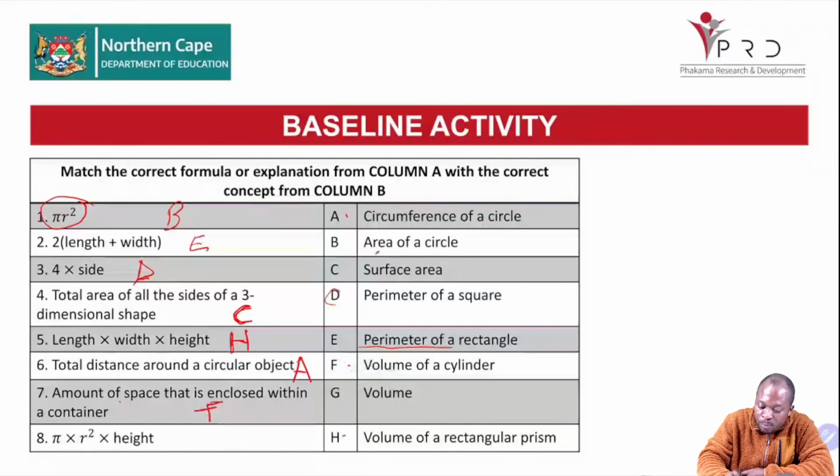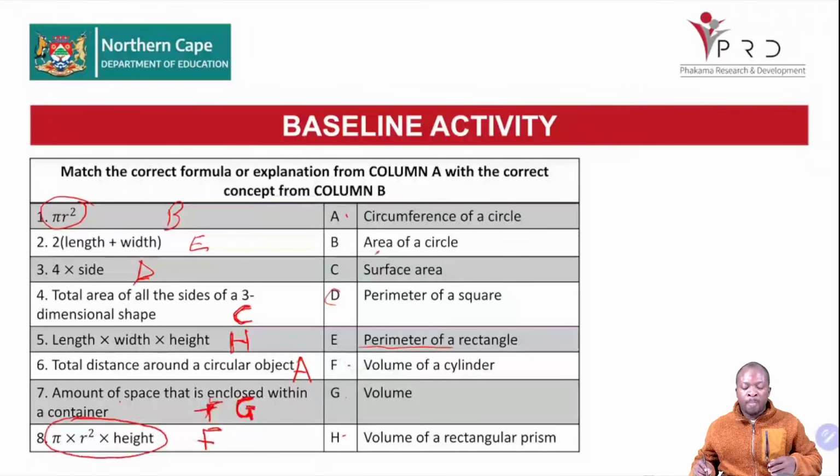The volume here, that's the amount of space enclosed, that is our G. And then when you see volume, we are talking of pi r squared H. It means we are looking for the volume of a cylinder. When you want to find the volume of a cylinder, the formula that you use is what?